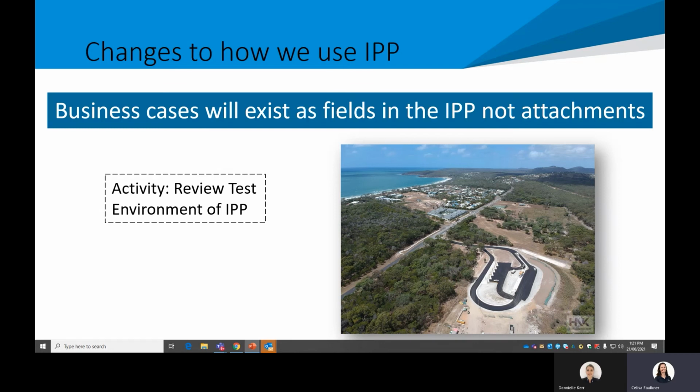And often we were reworking, I don't know how many times Caitlin and Kathy had to sit down and go through bid documents because someone decided they wanted a field out of the attachment. So the idea is that we have all this data, let's make it accessible if we've gone to the effort to actually create it in the first place. So yeah, the business cases will exist as fields in the IPP, and that will be from straight away.